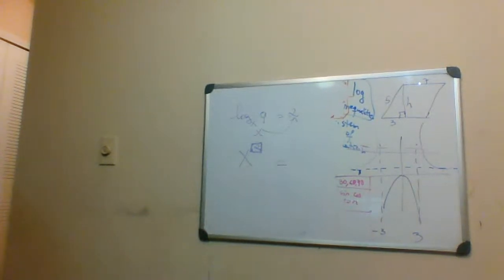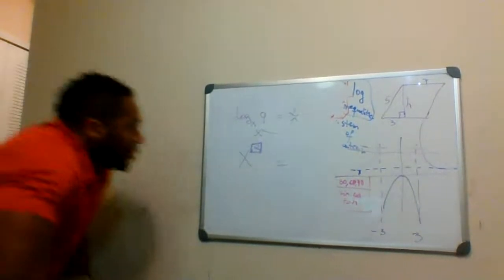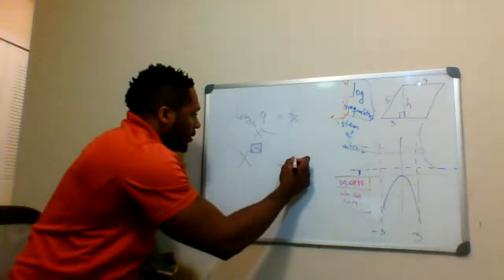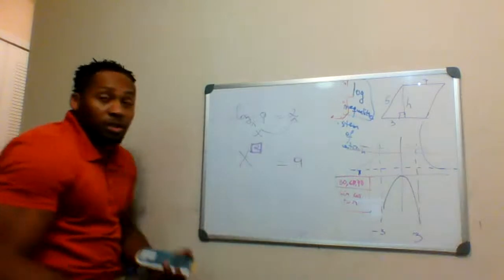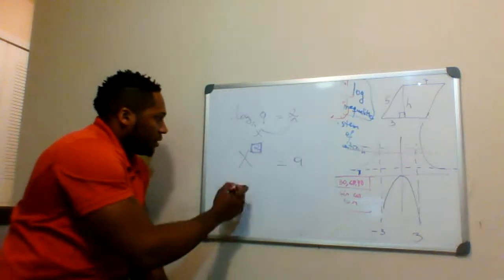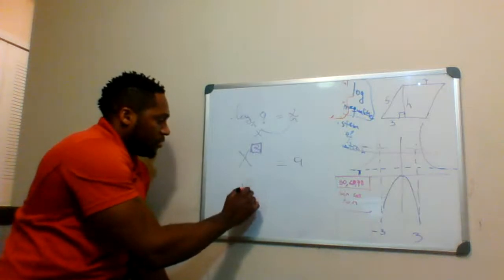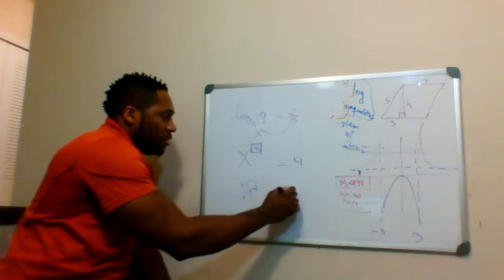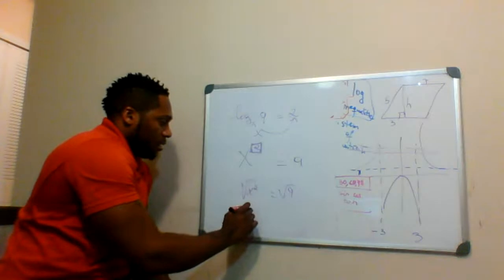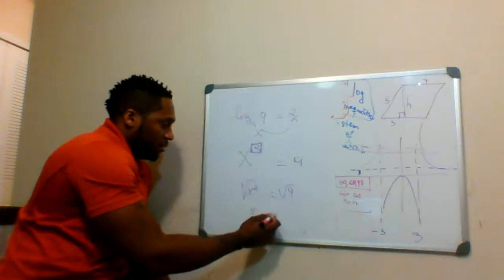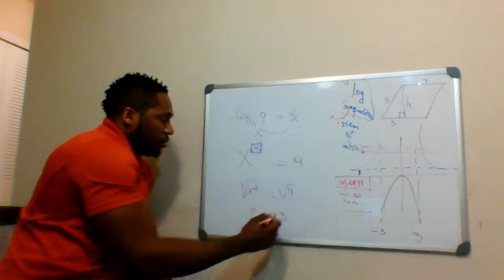Yes. So what you do is you say, hey, take the square root of both sides. Square root of x squared, square root of 9. And of course, we're using a positive root. x is equal to 3.